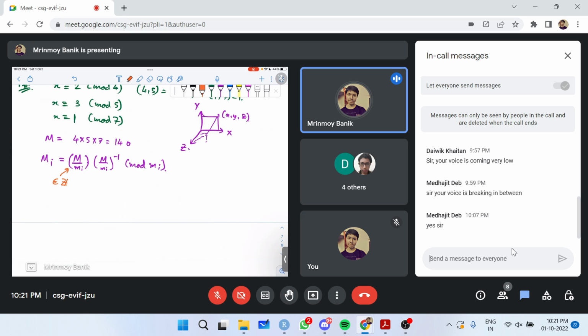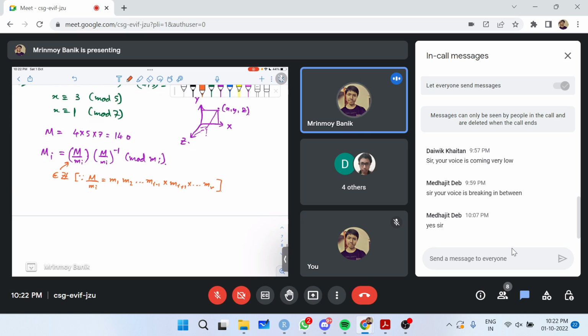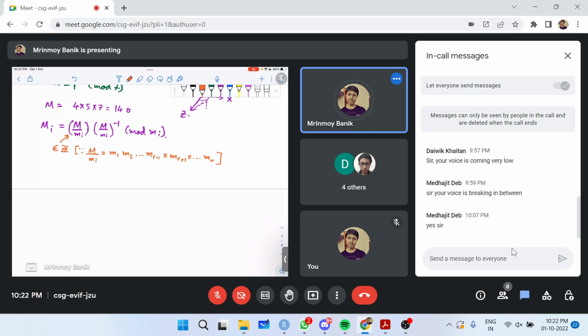This is an integer, since this is equal to m1, m2 up till m(i-1) times m(i+1) up to mr. So we are taking the product of all the mi's, just dividing out mi.